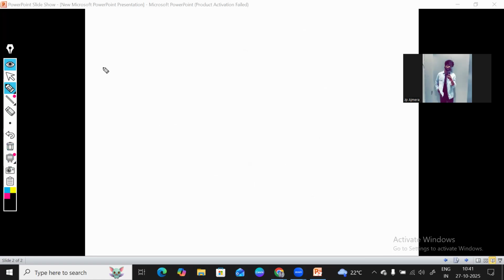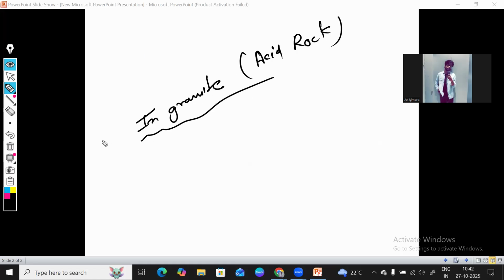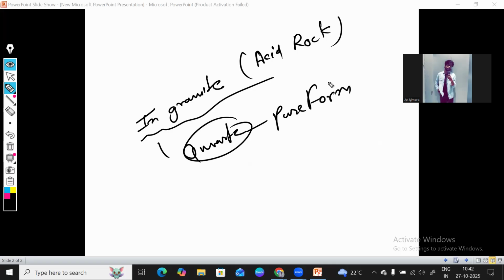The new point you need to know about quartz is that granite is a type of acid rock. In granite, quartz is present in a pure form as a prominent constituent.